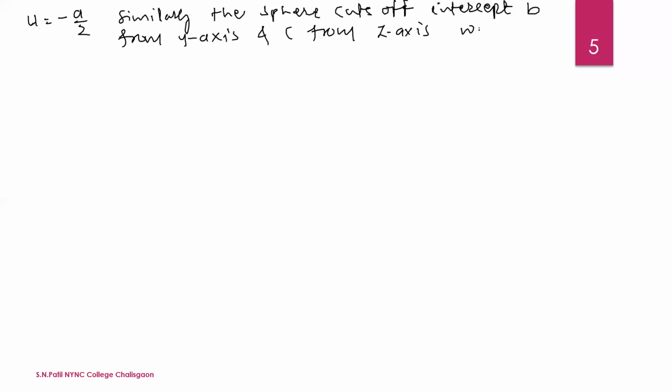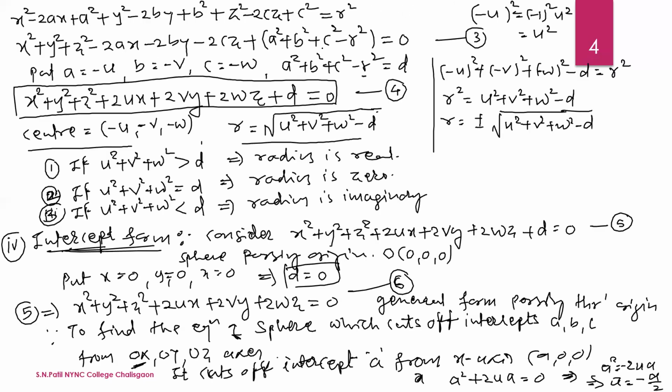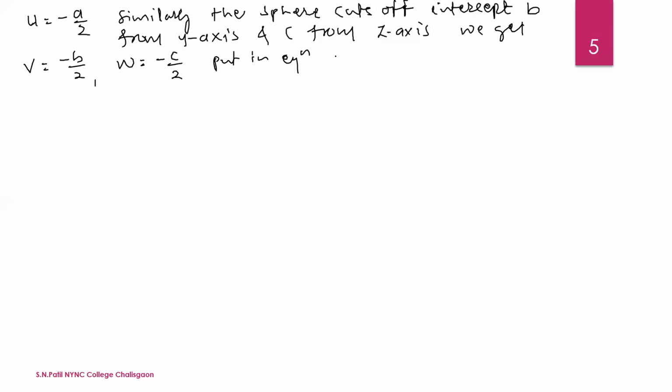Then we get v is equal to minus b upon 2 and w is equal to minus c upon 2. Now put these values in equation 6. So we get the intercept form.